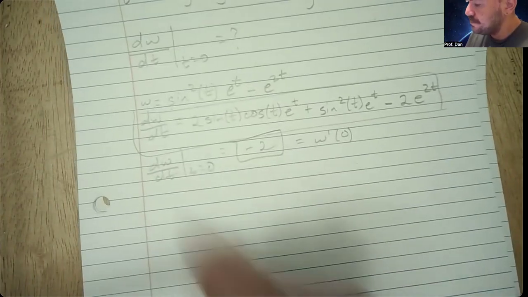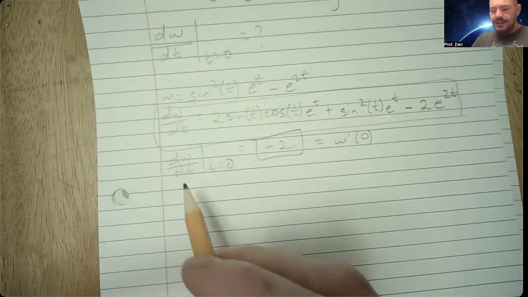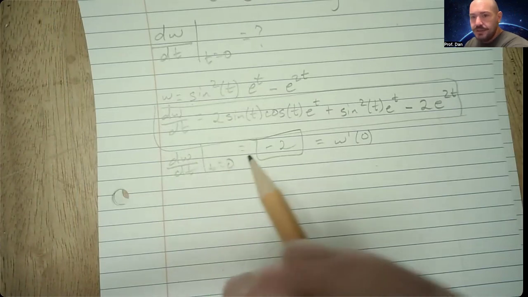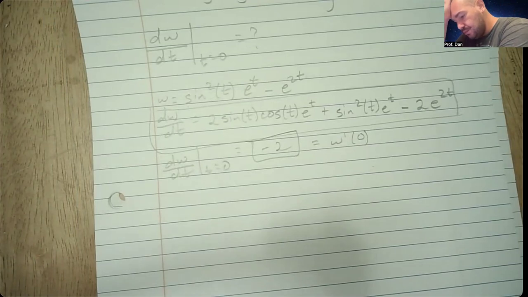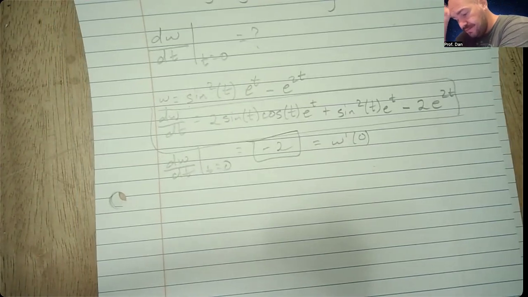So if I were to take this same function, I could actually use partial derivatives in what we refer to as the chain rule for partial derivatives.